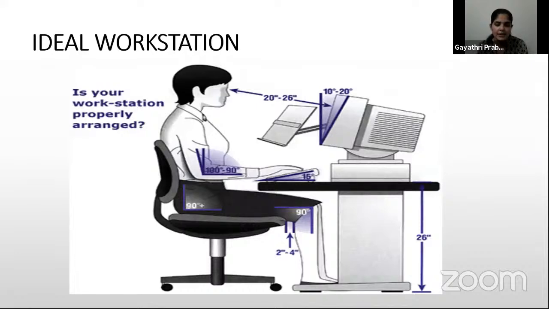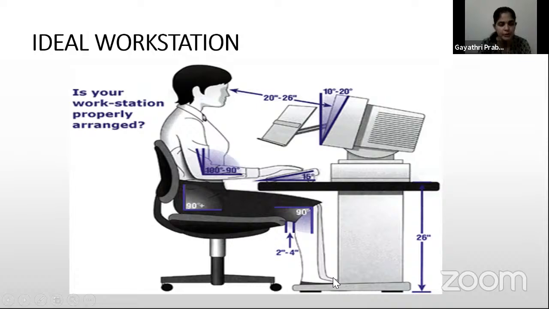Now, if you look at the ideal workstation that we need to have, this is the posture in which we need to sit to have a comfortable viewing experience. The angle at the elbow should be 90 degrees. Your hip and thighs should again be at 90 degrees.